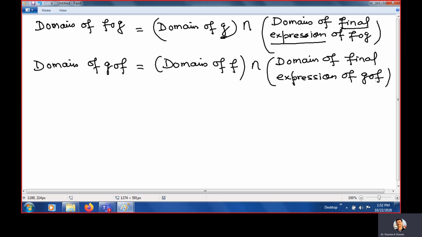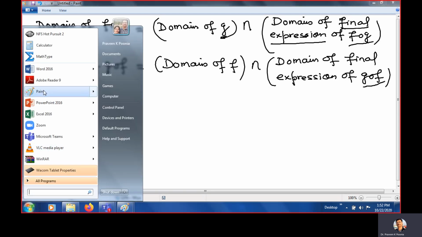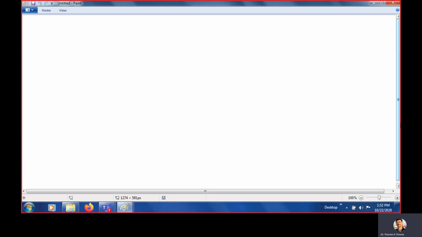This is how to calculate the domain. In both cases, here you need to solve f composition g, and here you need to solve g composition f. Now we'll solve one question, and then we will learn what basic things we require for the composition.